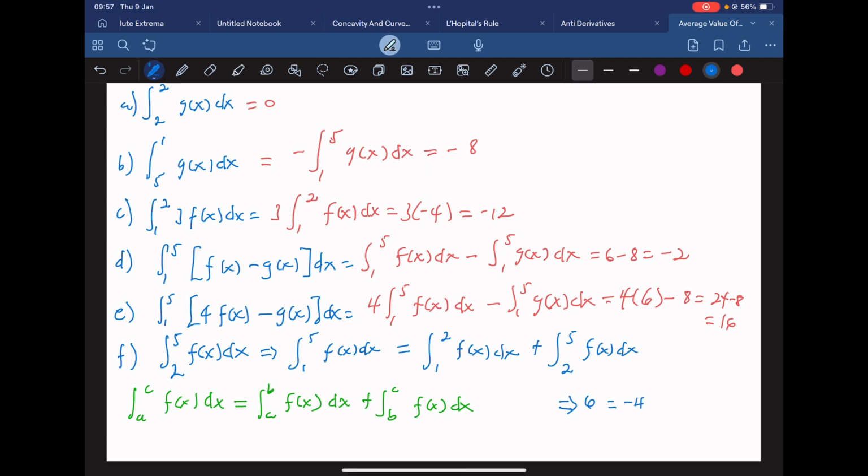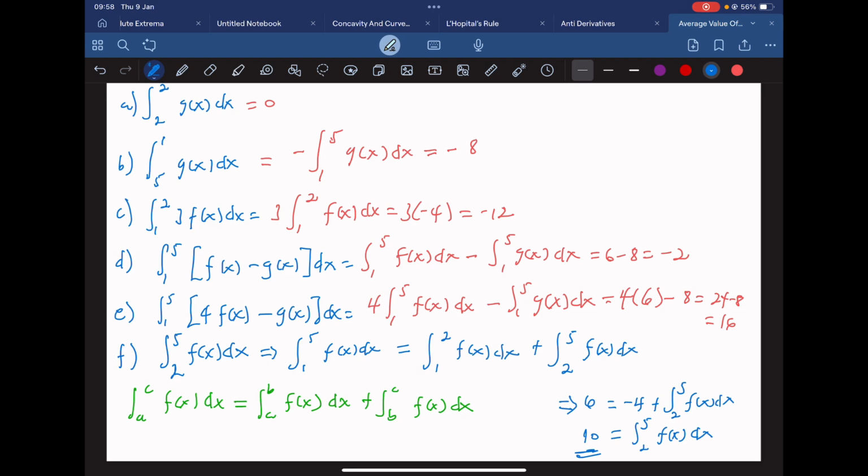So we have negative 4 plus our integral. This is what we are interested in finding. So if we send this to the left hand side, it becomes positive. So we have 10 is equal to the integral of 2 to 5 f of x dx, and this is our answer. It is equal to 10.